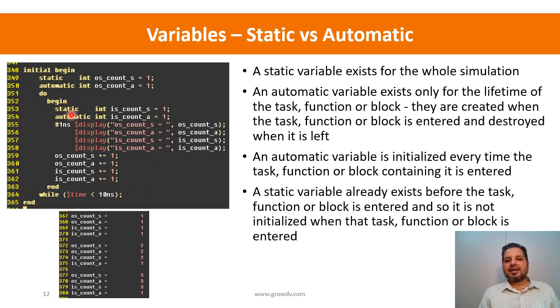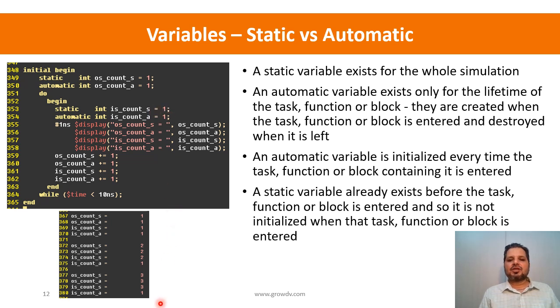Although you are re-entering the loop, the initialization is not executed because this variable already exists. This is a point you have to note: it is initialized only once, and thereon we just increment and print the value. So the inside static variables don't get reinitialized again and again because they are already allocated.